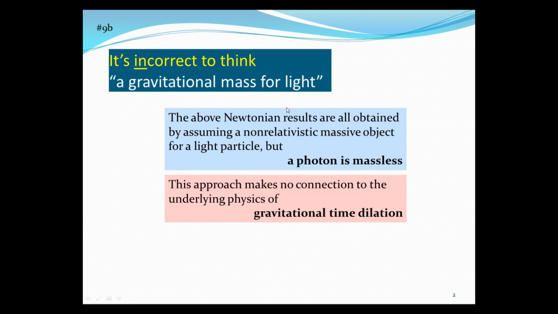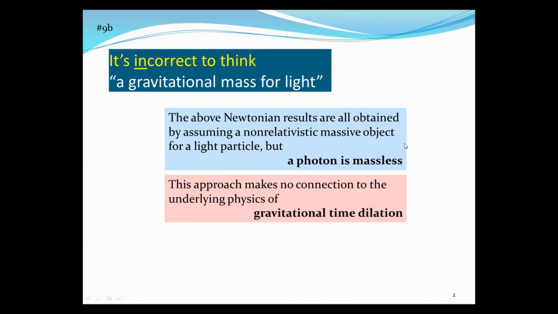It's very simple, but it turns out it's not a correct way to think that light has a gravitational mass, because as I said, we're assuming some sort of non-relativistic mass for the light particle, but the photon is massless.